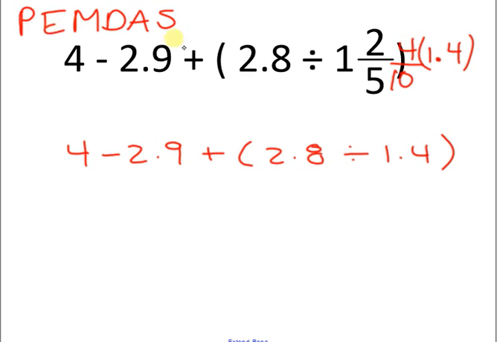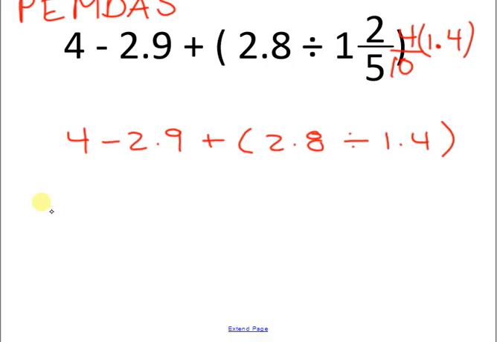Alright, we do have parentheses we need to take care of, so let's do that first. We have 2.8 divided by 1.4. Alright, so we have 1.4 on the outside, 2.8 on the inside. I need to move this once, so I move this once. Let me rewrite the problem now.